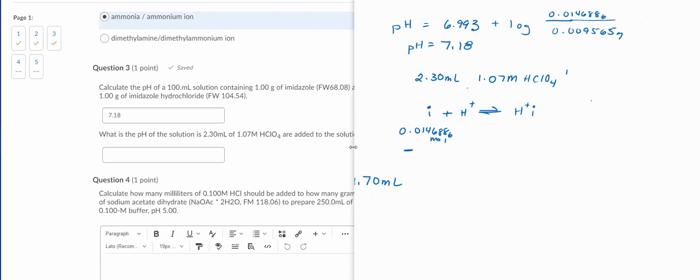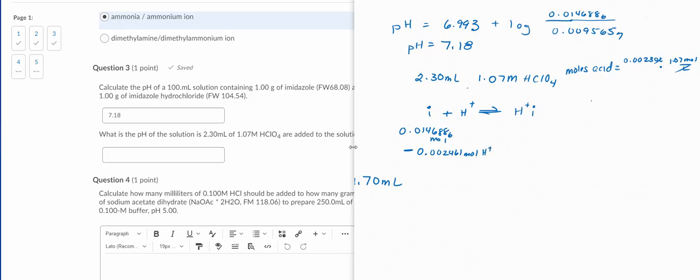So how many moles of acid are we adding? Well, the moles of the acid are going to be 0.00230 liters times the concentration, 1.07, because that is moles per liter. Liters cancel out. And I am left with moles, so I am adding 0.002461 moles of acid.